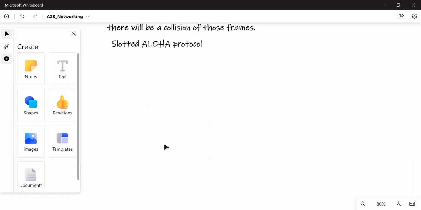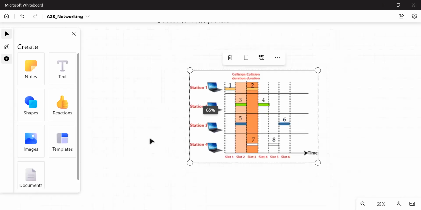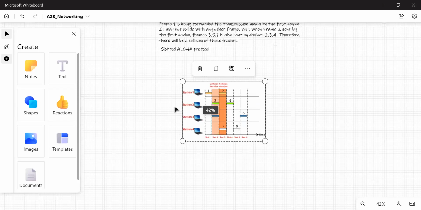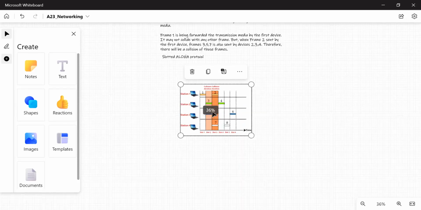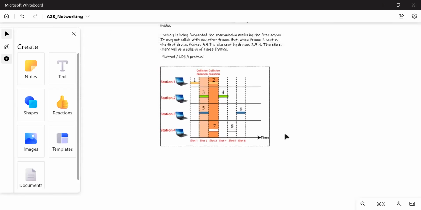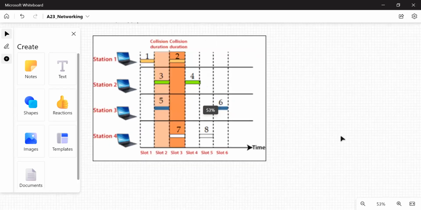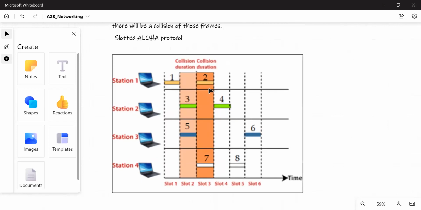Right, now in this one, what you see is called slotted Aloha, which means now we have 6 slots. And you are sending the same way. For example, station 1, there's no collision.